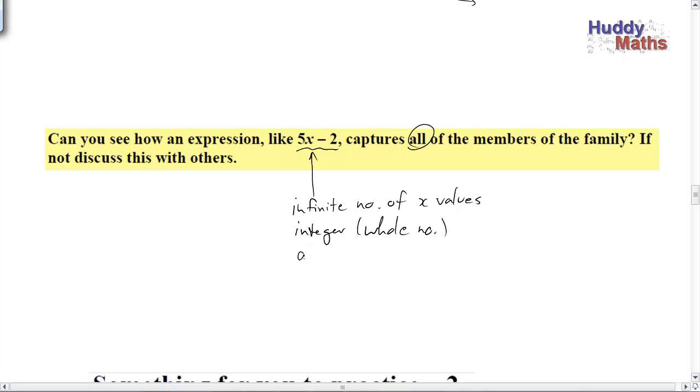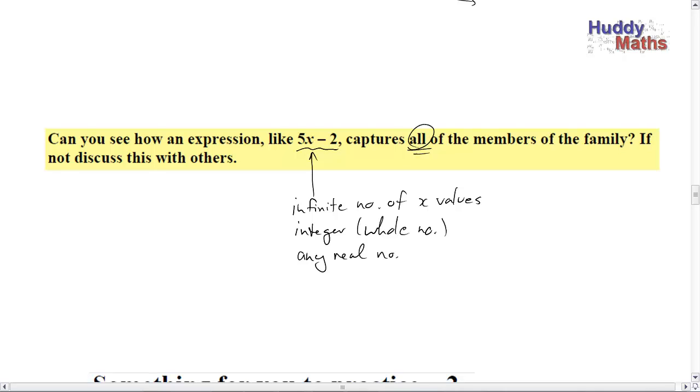It could be any real number. Fractions, decimals, square roots, all sorts of things. So we can, in fact, capture all members of the family by changing that generation number and get a huge family. All right, and later on we're going to see what that family, again, has something extra in common.